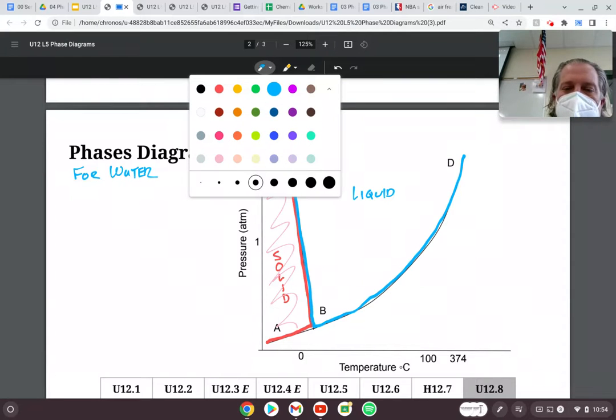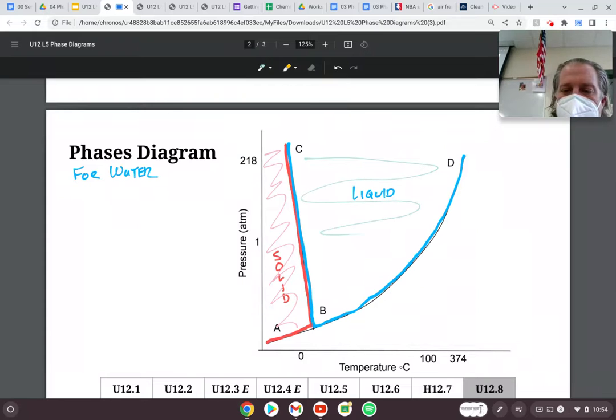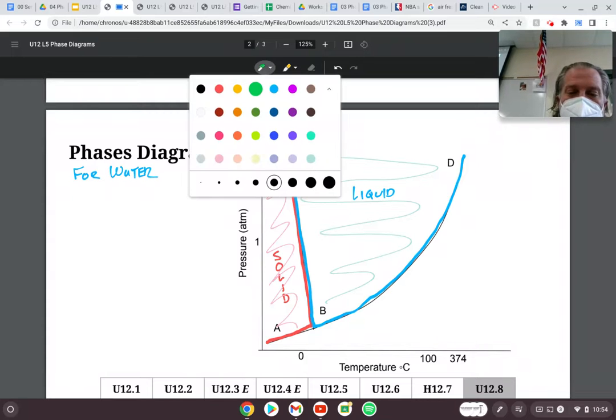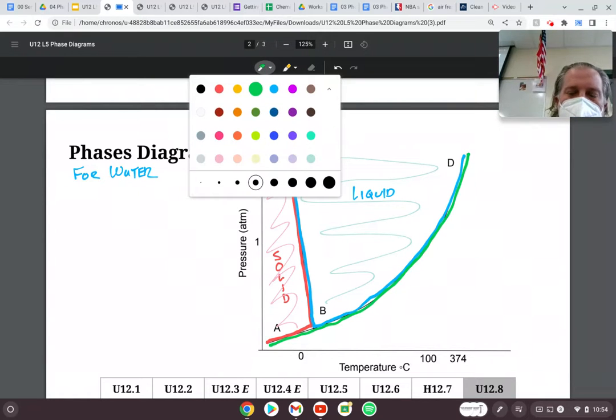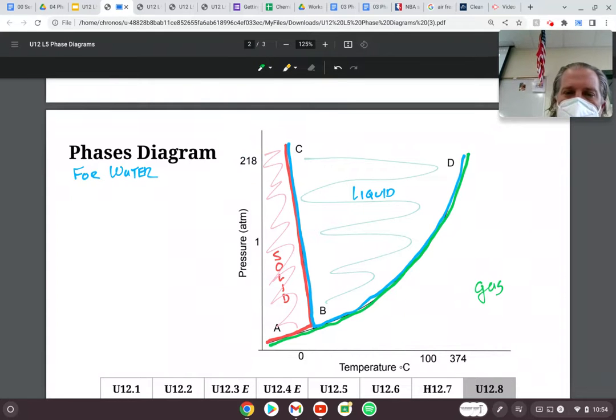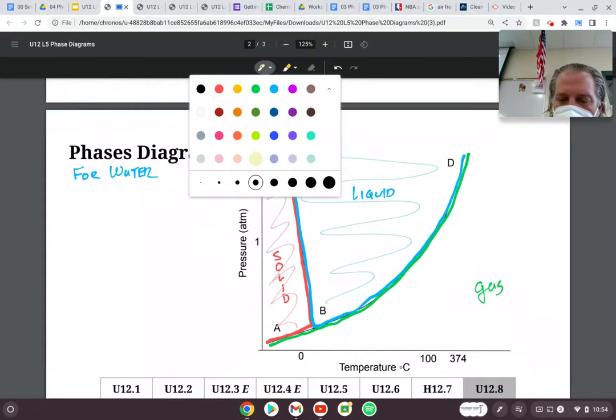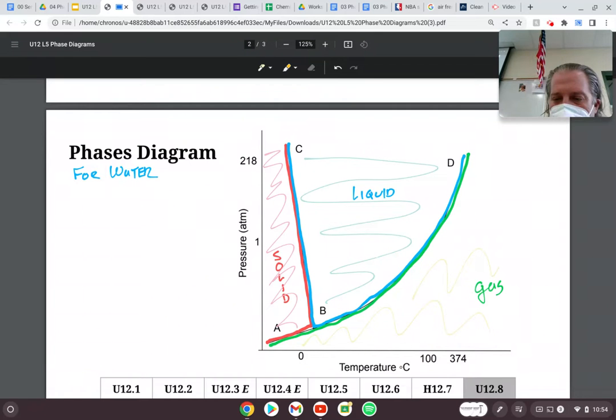So basically, anything in this general area is a liquid, which then means that anything here could be considered a gas. So anything in this general area could be a gas.